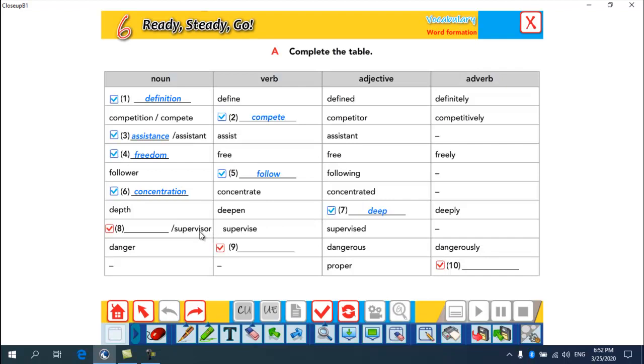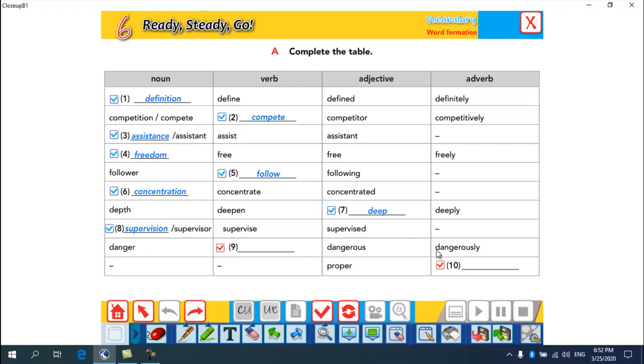Eight, supervisor as a noun, supervise as a verb, supervised as an adjective, and we don't have an adverb for that. What do you guess the other noun is? Yeah, it's supervision. Great. The ninth word, danger as a noun, dangerous as an adjective, and dangerously as an adverb.